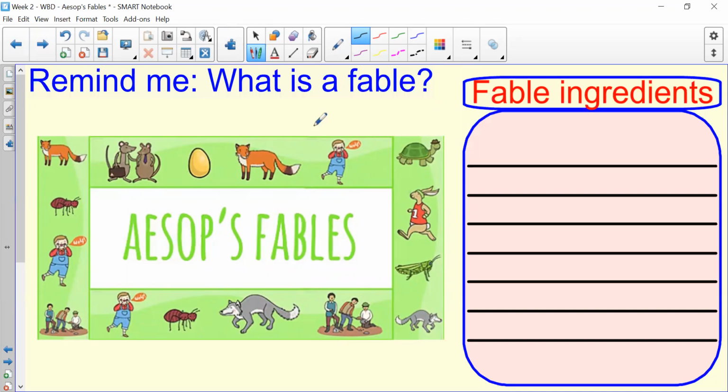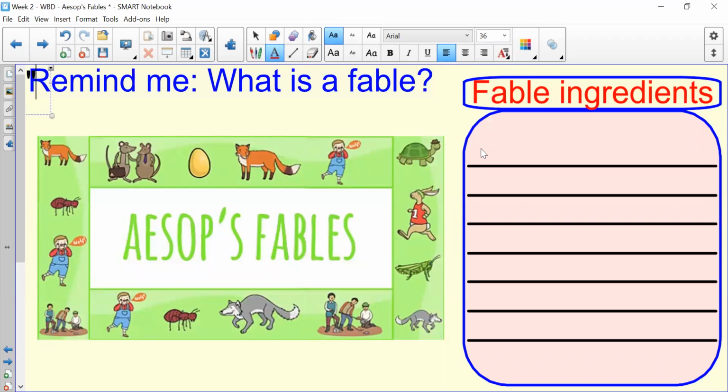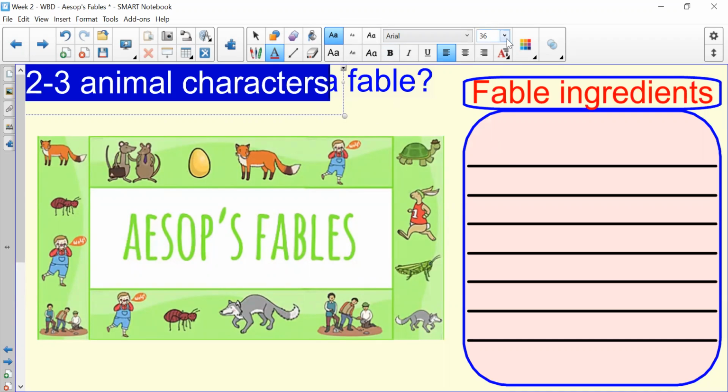Okay, so what were the ingredients for a fable? What did it need to include? Fantastic. It has 2 to 3 animal characters. And what is special about these animal characters?